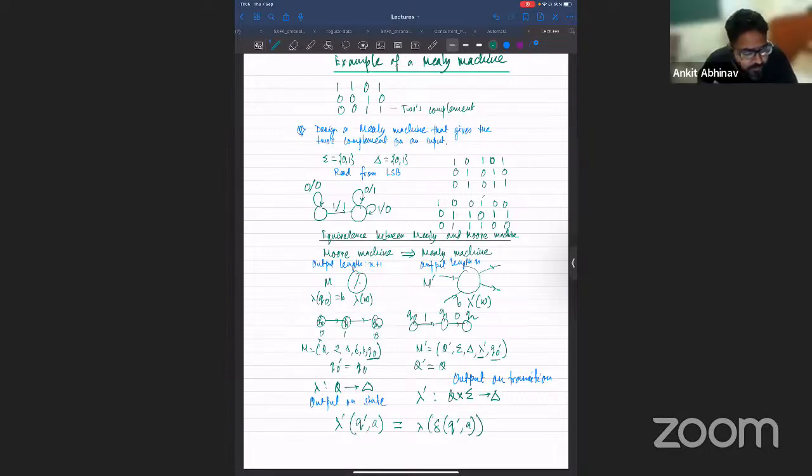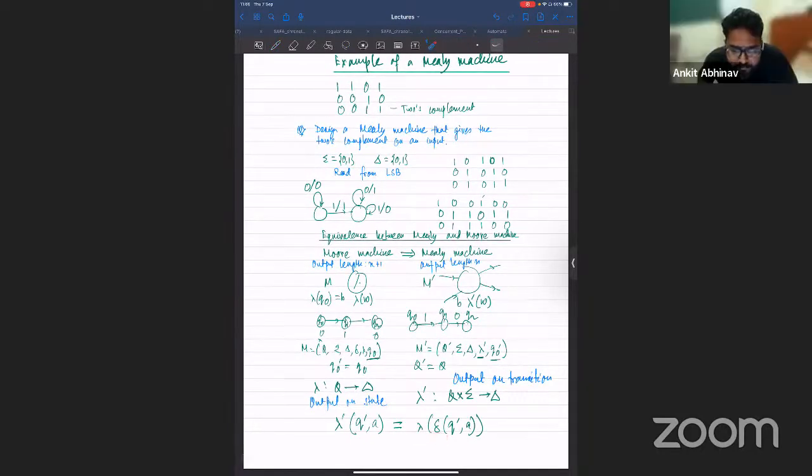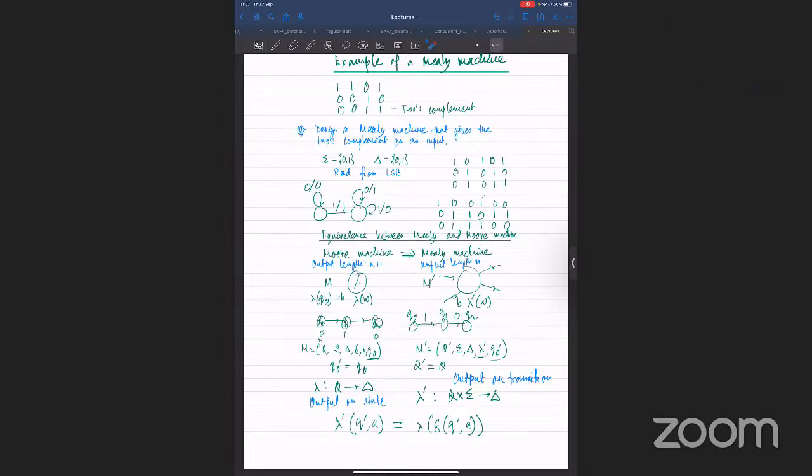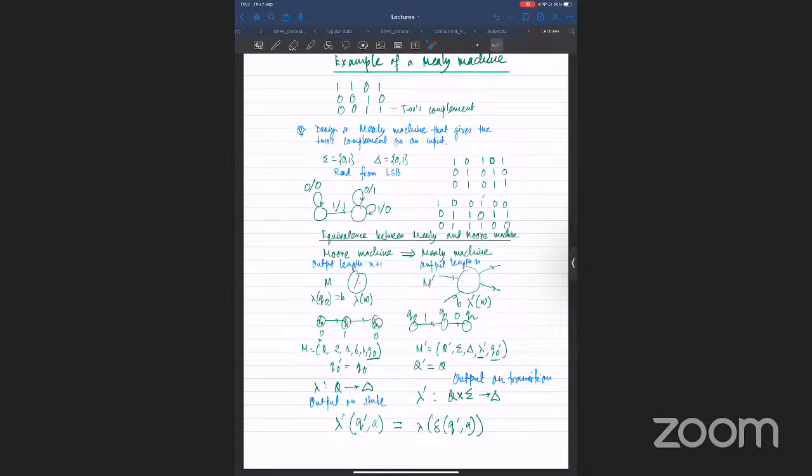So is it clear? Yes, sir. Ankit? Why do we have a delta there? Because we are putting on transition function, output on transition function. No, so which one is the output on transition function? So this delta I'm taking straight to the output actually. No, so what is delta? Delta is my state to output transition.